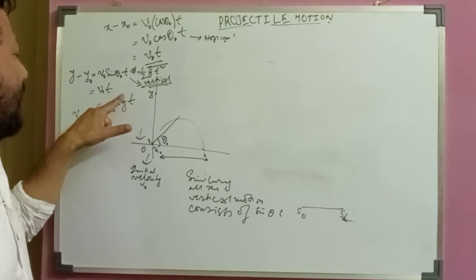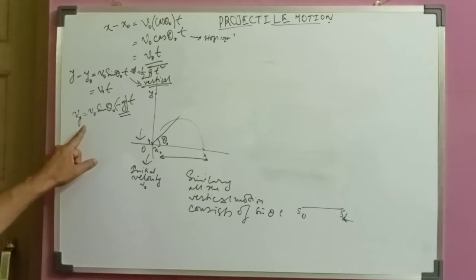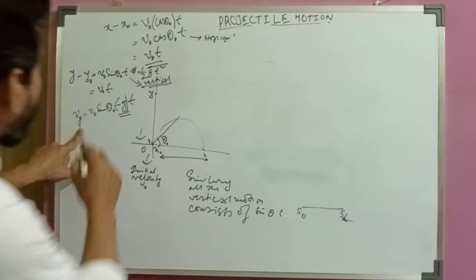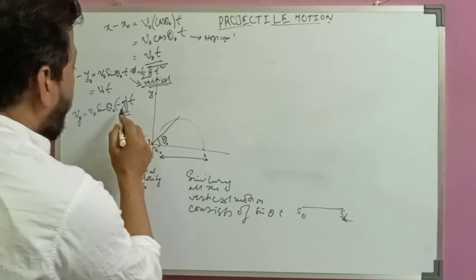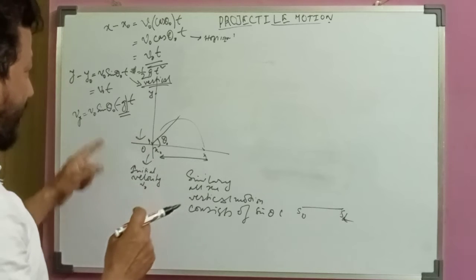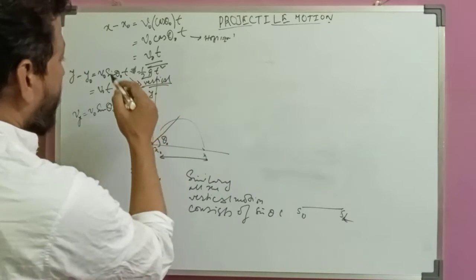The acceleration will be negative. Keep it in mind, as this is the vertical direction. So the vertical direction will give you a negative acceleration. Always keep in mind, these are very vital.